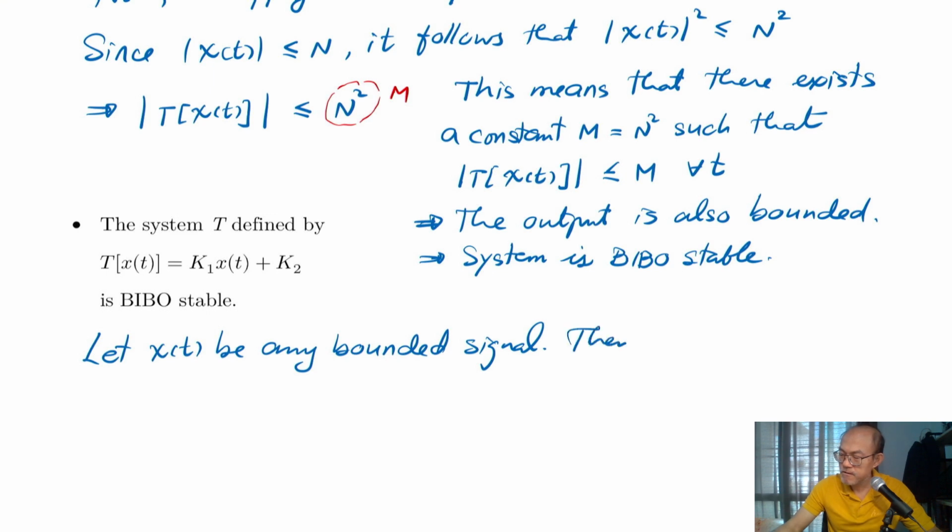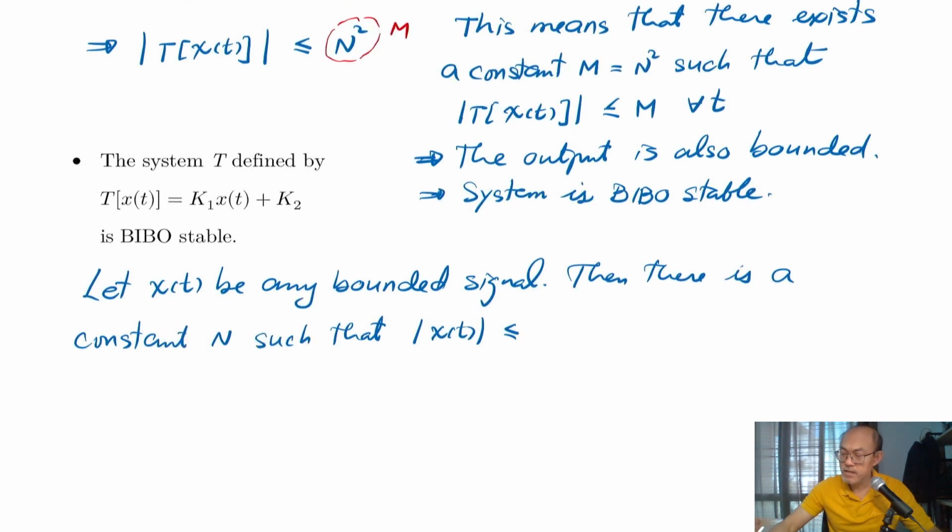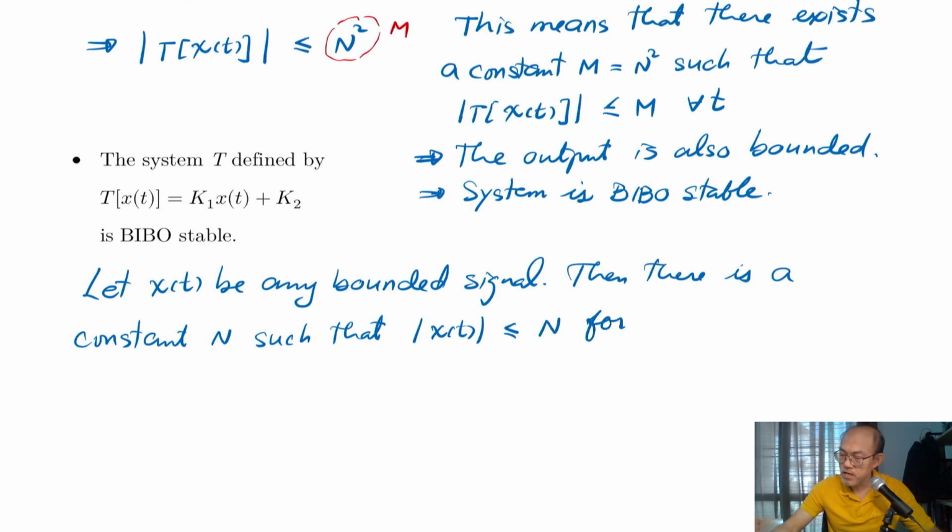Then there is a constant n such that the magnitude of x is not greater than n for all time. All right, now let's apply x to T.